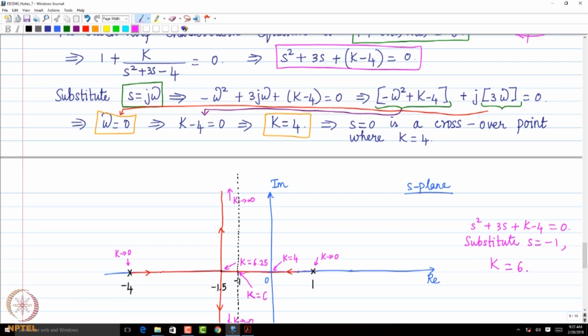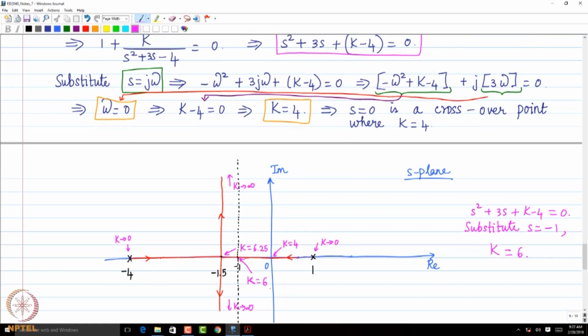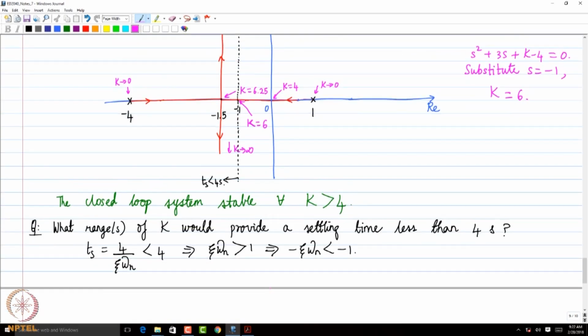So for any value of K which is greater than 6, you will get a settling time less than 4 seconds. So that's the guarantee we can have.